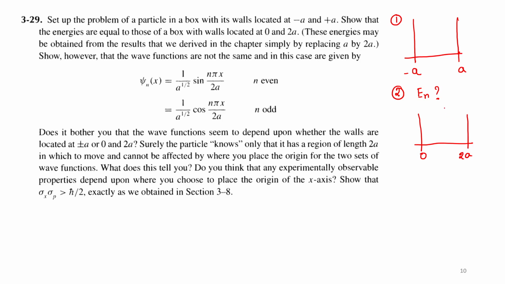Is it going to be the same or different? This is actually the main question. There are many things written, that's why I tried to gist the question. There are mainly two questions: prove that the wave function looks like this when the walls are at minus a to a, and get us the energy value. So let us do this.